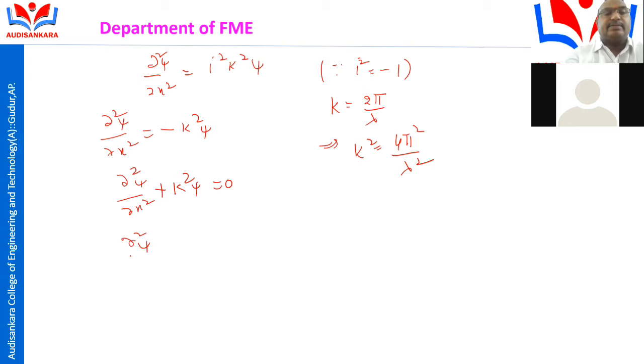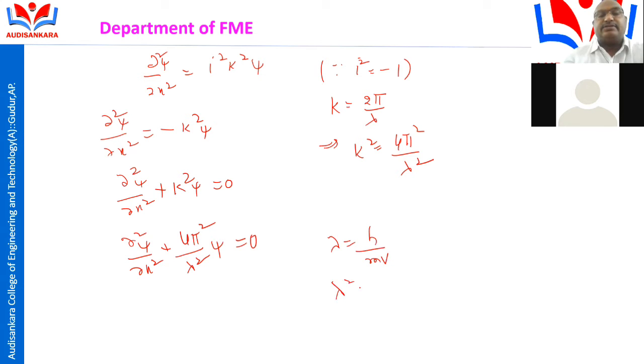Therefore, dou square psi by dou x square plus 4 pi square by lambda square into psi is equal to 0. Where by de Broglie's hypothesis, lambda is equal to h by mv and lambda square is equal to h square by m square v square.